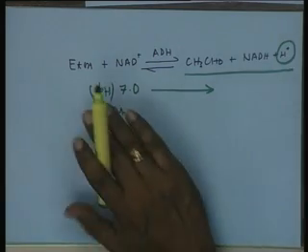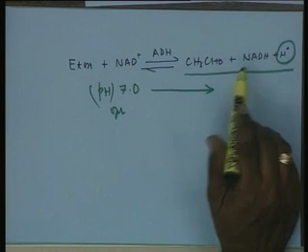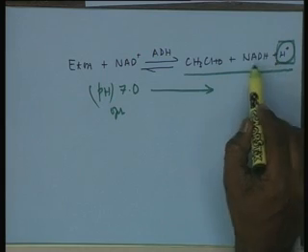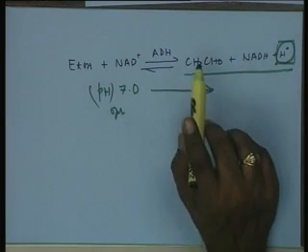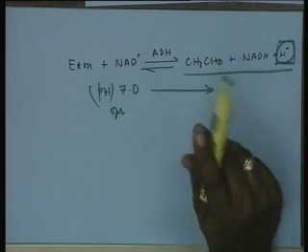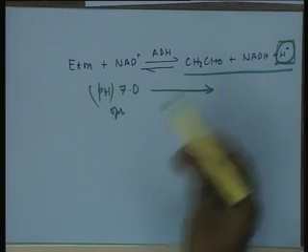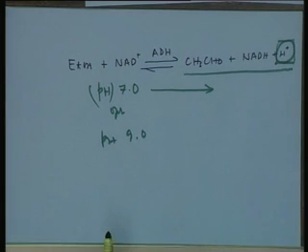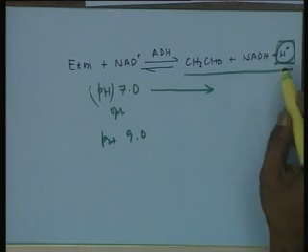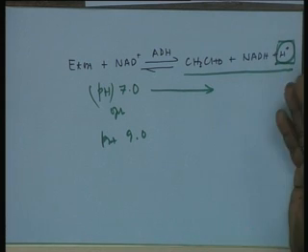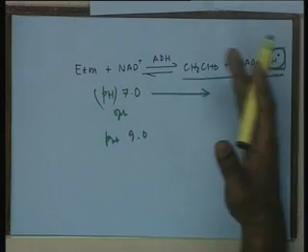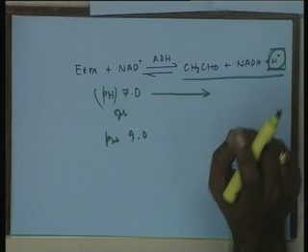To be able to drive the reaction in the forward direction, you need to adjust the pH so that the concentration of hydrogen ions is reduced, and therefore the reaction can be driven, but the reaction might proceed at a very slow pace. For example, consider pH 9 as an arbitrary value. At pH 9 the concentration of hydrogen ions will be 100-fold less, 1/100th of that at pH 7, and therefore you can drive the reaction as far as the equilibrium constant is concerned, but at a very slow rate.